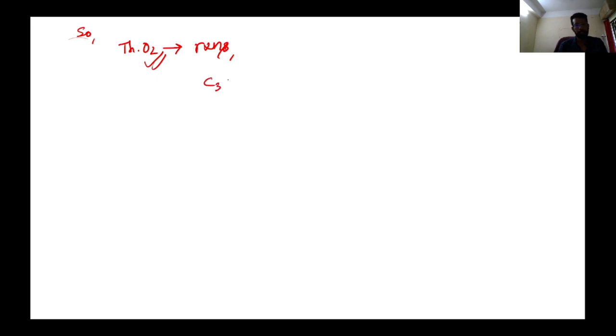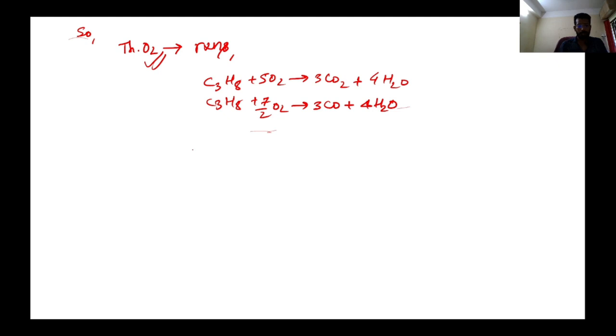Suppose C3H8 plus 5O2 gives 3CO2 plus 4H2O, and C3H8 plus 3.5O2 gives 3CO plus 4H2. So always remember, I can do this also for theoretical O2. I know the C3H8 reacted from the first reaction and the C3H8 reacted from the second reaction.